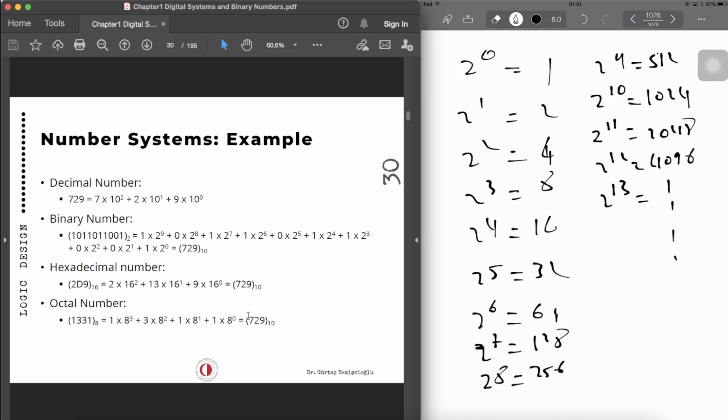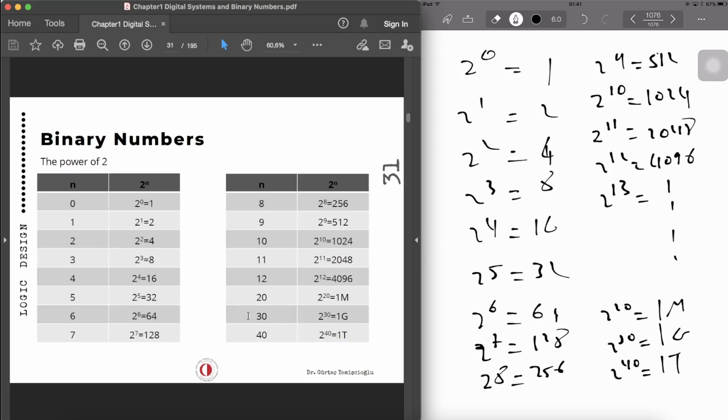So to the power 20, it's going to be 1 mega. 30 is 1 giga. And to the power 40, we are talking about 1 tera. Okay, so you have to learn the powers of 2. You have to learn them really well in order to quickly calculate some stuff.